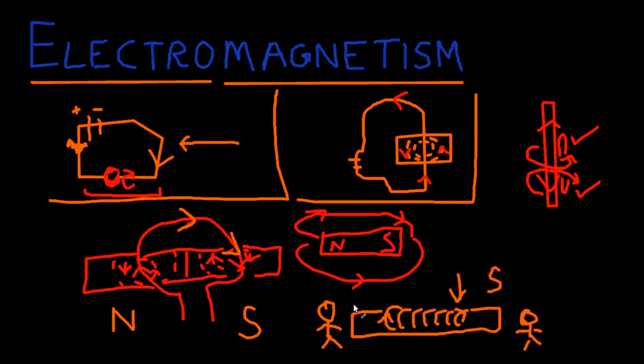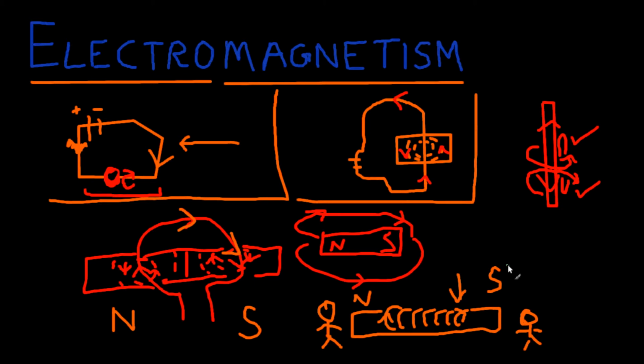So this is how it is summed up: a current carrying conductor, whether it's a loop, a cylindrical coil which is a solenoid, or anything like that, acts like a magnet. It'll induce a magnetic field around it. It's very similar to a bar magnet, but there are huge differences as well. An electromagnet is a strong magnet. You can vary its strength, but the main thing is that it is a temporary magnet.